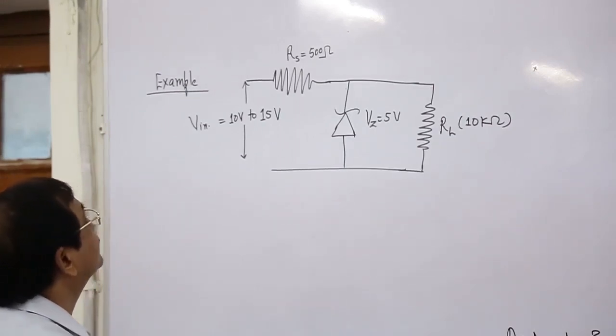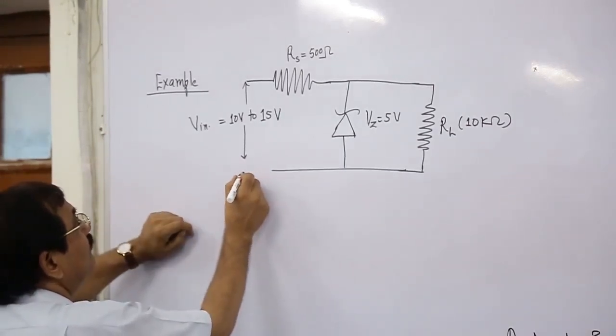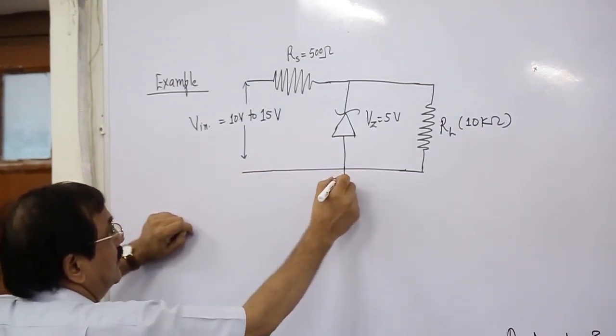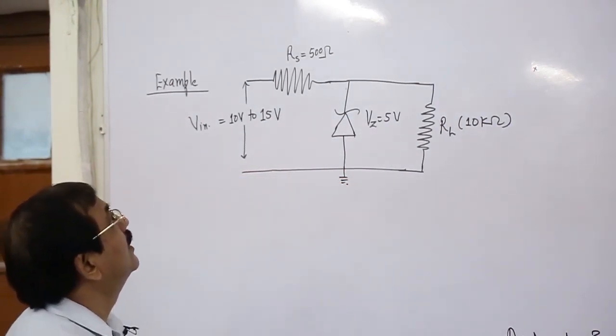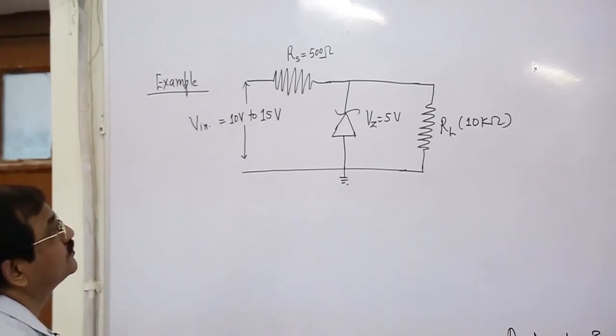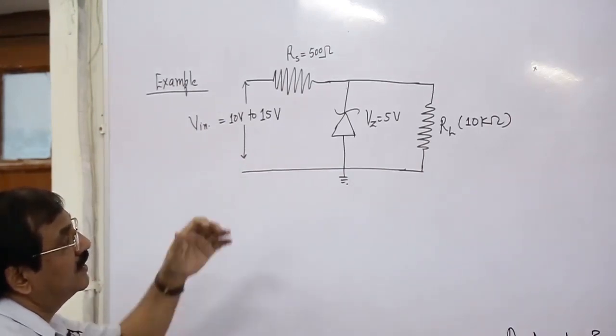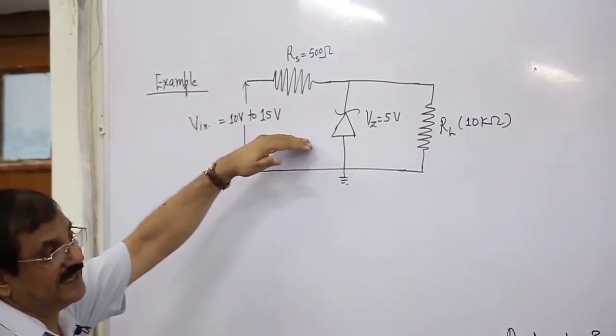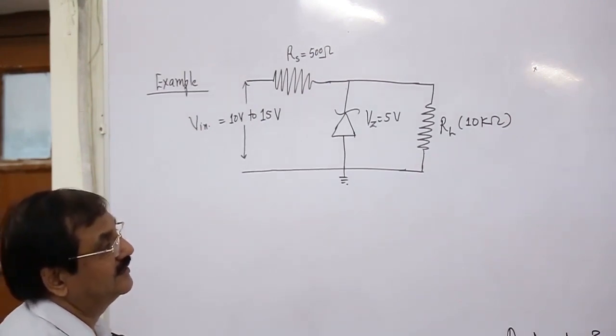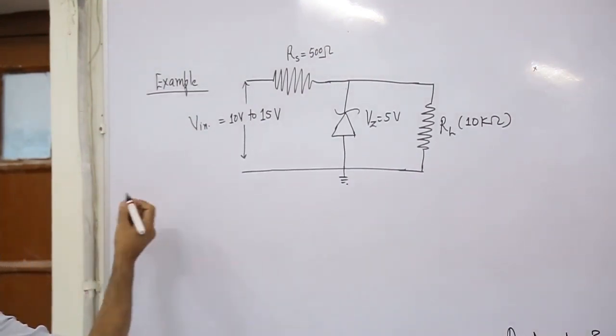So, how to explain the action of the Zener diode?